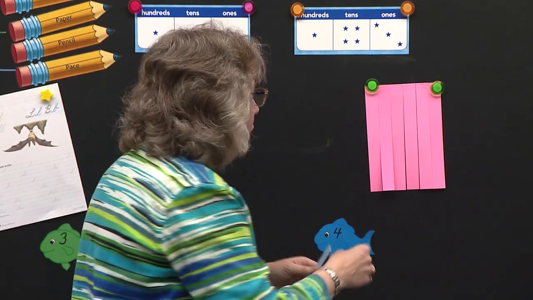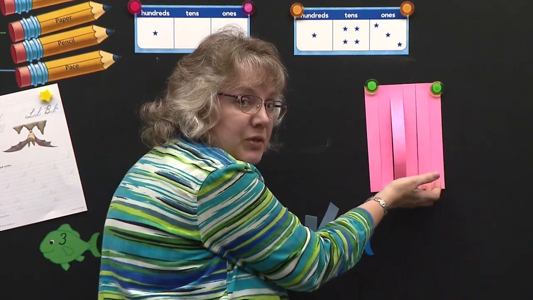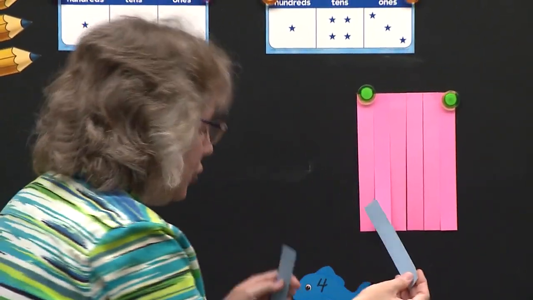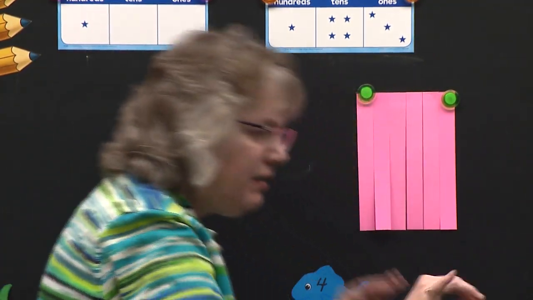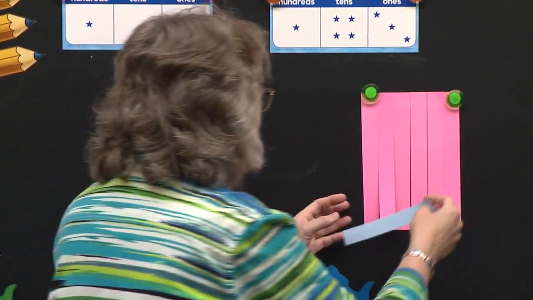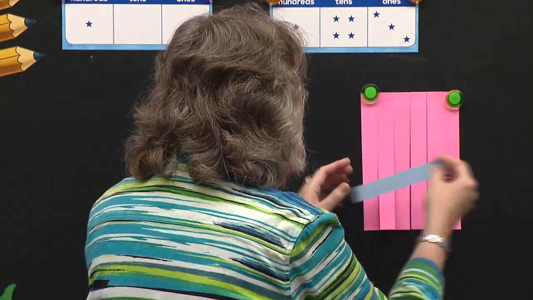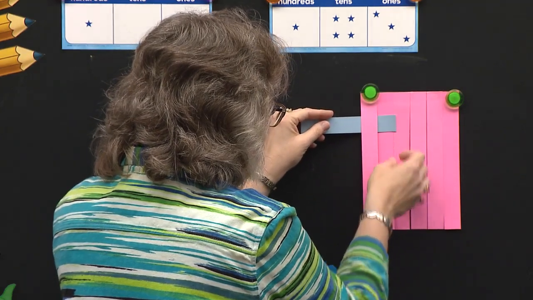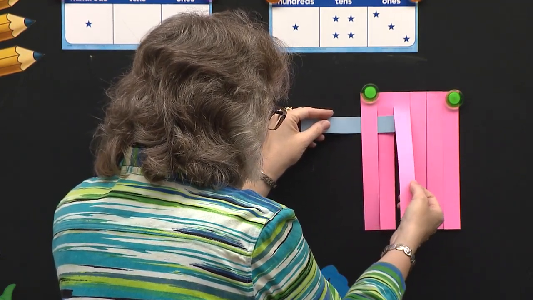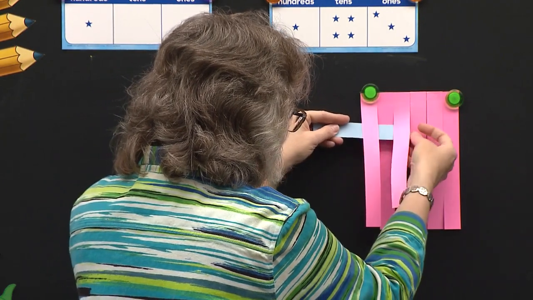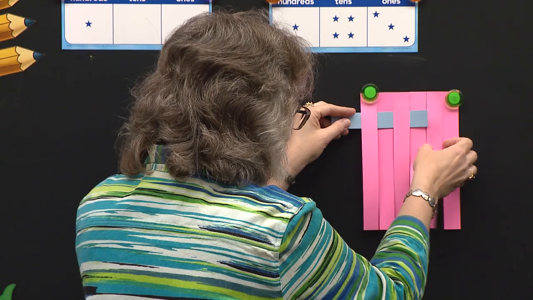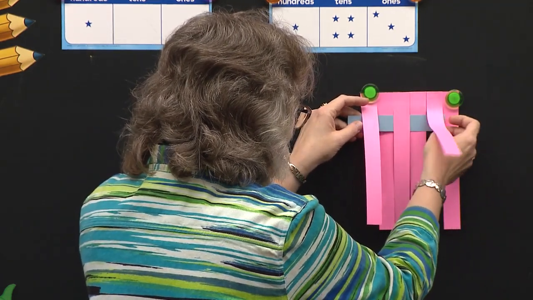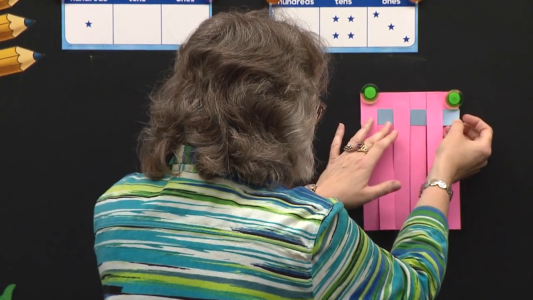All right? Now, you have all of these strips. Students watching, you see that? Now, you're going to take the extra single strips and you're going to weave it in and out like the Native Americans did. So, basically, I'm going to go under the first one, over the second one, under the third one, over the fourth one, under the fifth one, I'm using my ordinal numbers, and on top of the last one.